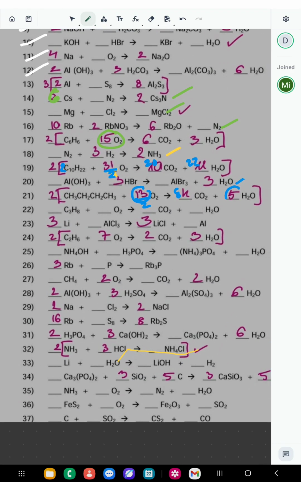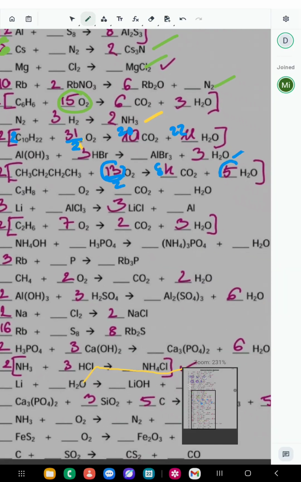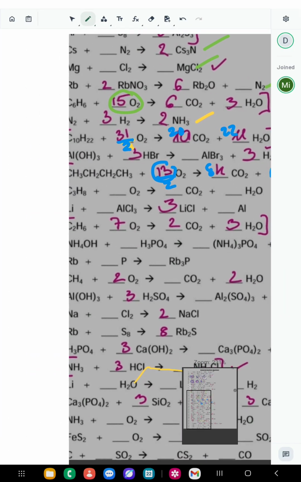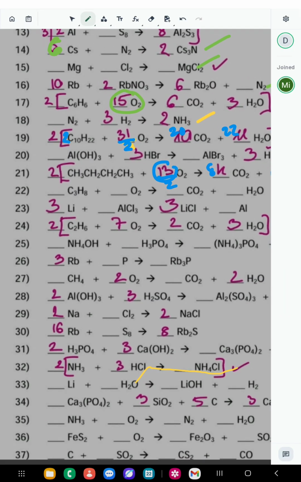Then 23, 3, 1, 3, 1, 3, 1. Okay, that one is correct. 24. You don't need to write the 1, but here you need to write it because it leaves a blank. So if your teacher leaves a blank there, you just put 1.